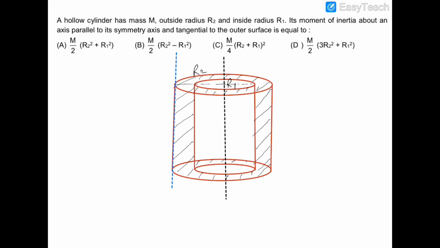So we have to find out the moment of inertia of this cylinder about this axis. So let us first of all find out the moment of inertia about axis number 1. Then we'll apply the parallel axis theorem and we'll find out the moment of inertia about axis 2.